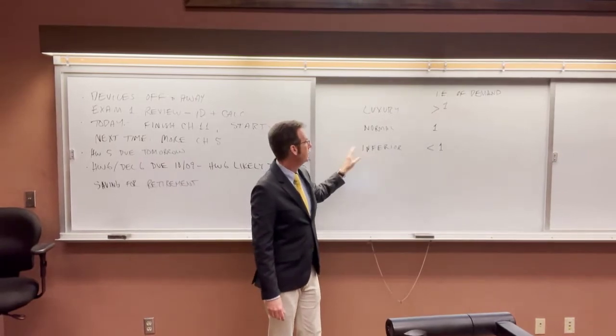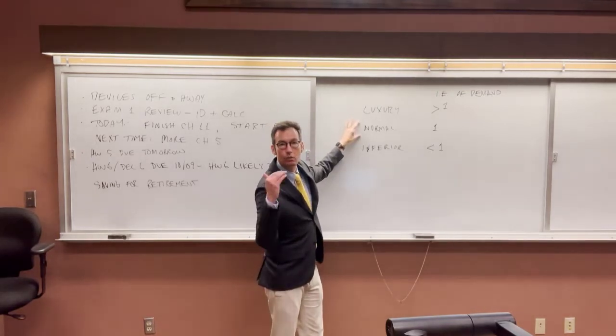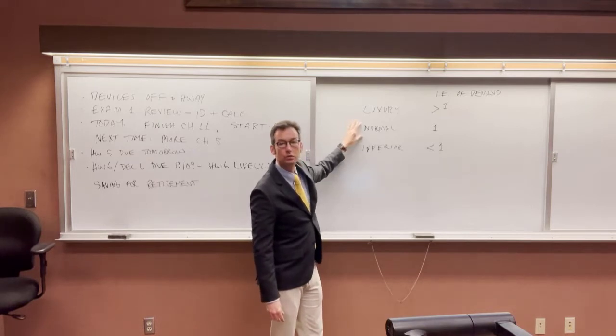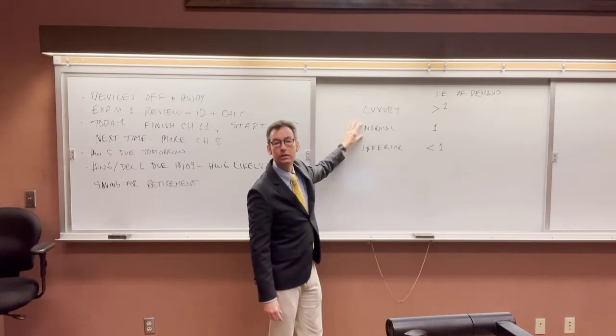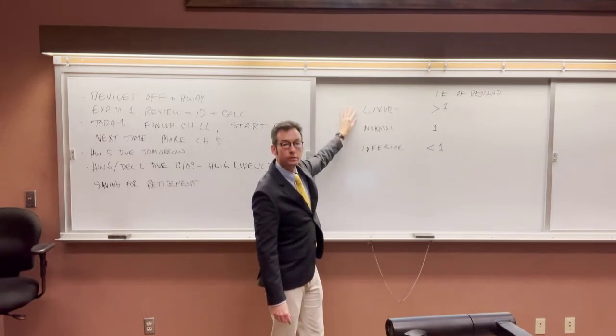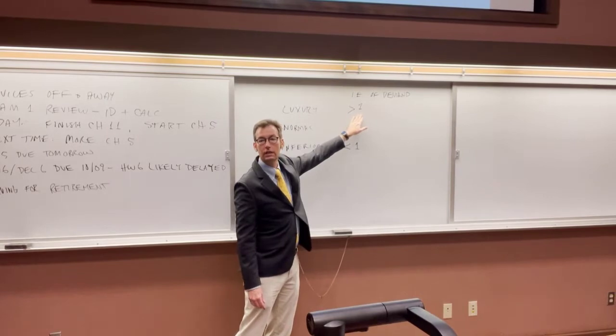But what if we have a product that goes exactly with your income? If your income doubles, you will consume twice as much of this. I don't have any good examples of this. Luxury goods, we know what those are, and the demand for those climbs faster than your income.